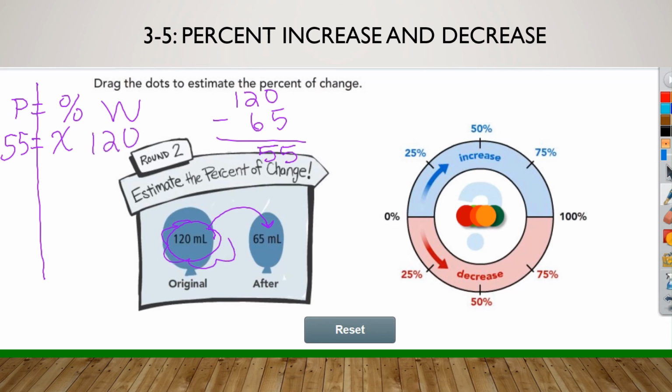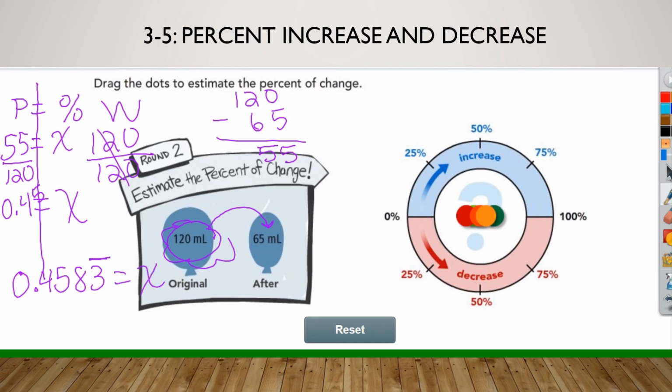Now I need to go ahead and isolate my variable by dividing 120 on both sides of the equal sign. 55 divided by 120 is a repeating decimal. So that's 0.4583, and the 3 is repeating. But remember to change your decimal to a percent by multiplying by 100.